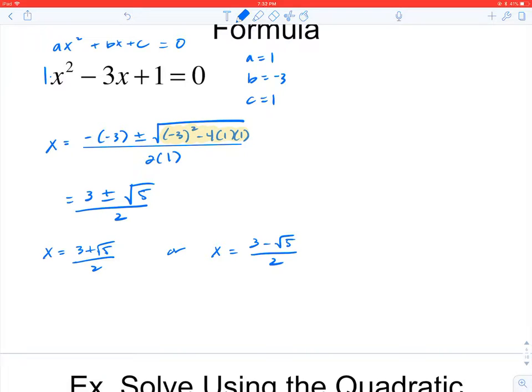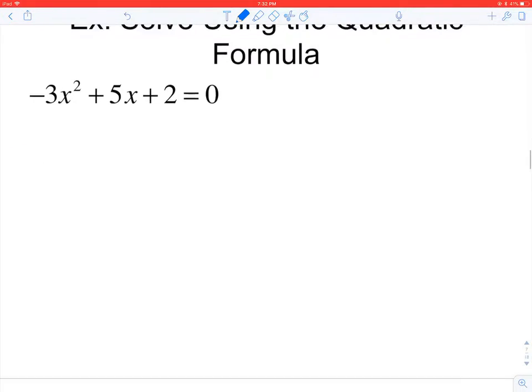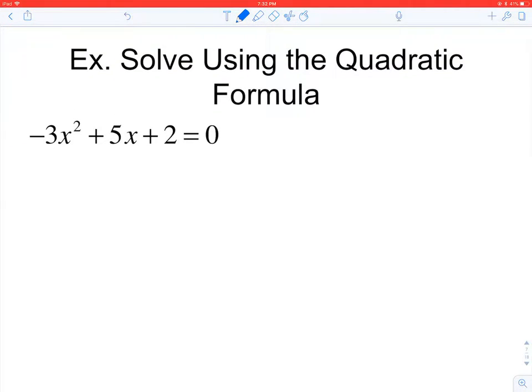Okay, so those are my two solutions, meaning if I were to substitute 3 plus root 5 over 2 in for x and simplify, the left-hand side of the equation would be equal to 0, meaning the left-hand side would equal the right-hand side. Same thing if I substituted 3 minus root 5 over 2 in for x and simplified, we'd get the left-hand side equals 0, which equals the right-hand side.